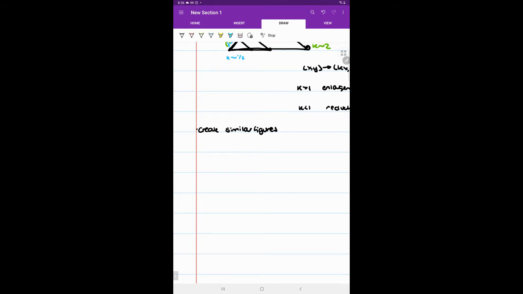So the corresponding sides are in proportion and corresponding angles are congruent. Again, dilations are not always rigid motions since they do not always preserve distance or congruency.